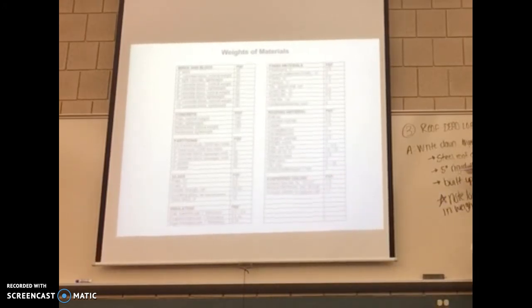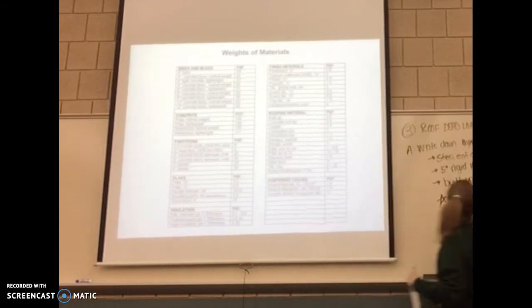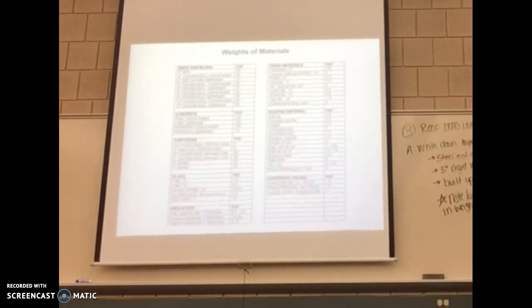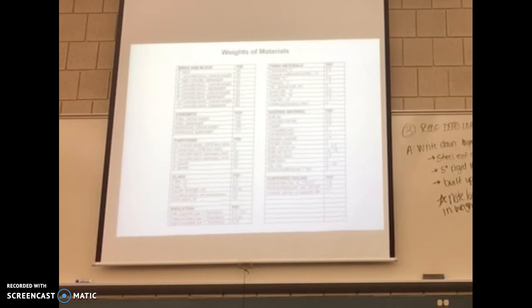All right, so I have 5 inches times 0.75, which gives me 3.75 pounds per square foot. Last one is my built-up roof, which is right here, built up, and it is 6.5 pounds per square foot. I'm going to add them all up. Actually, not quite yet, so we'll leave that.